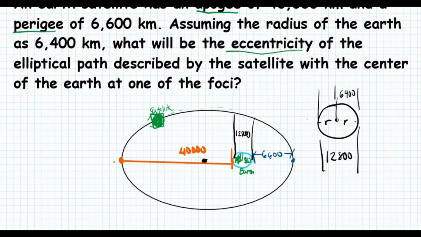Since meron ka ng itsura, ang hinahanap mo daw ay yung eccentricity. Okay? Actually, ang definition ng eccentricity is degree of flatness. Gaano daw ka-flat yung elliptical path nung satellite mo.